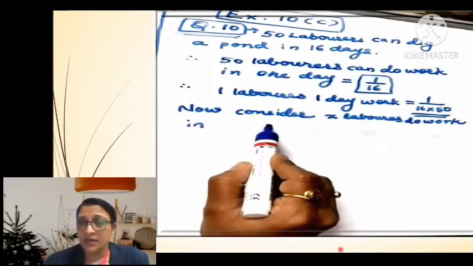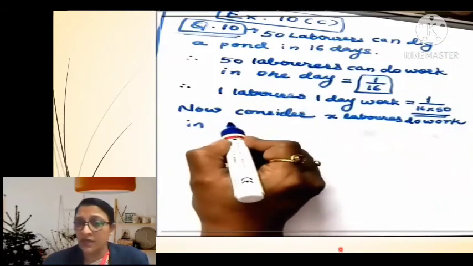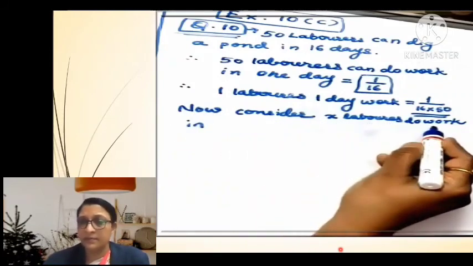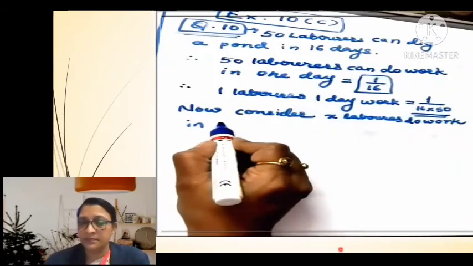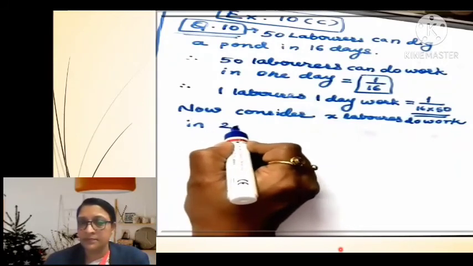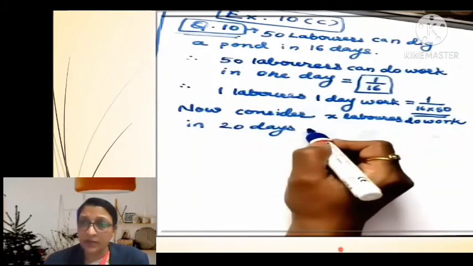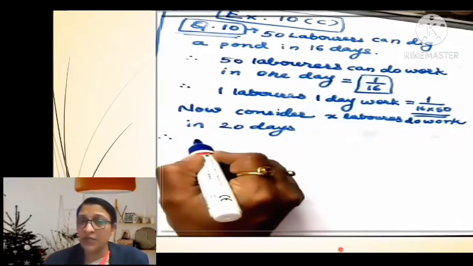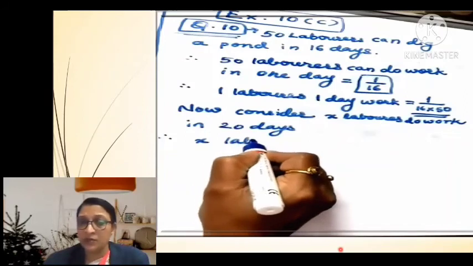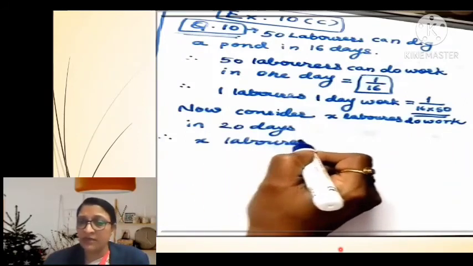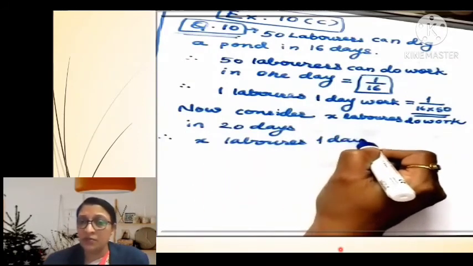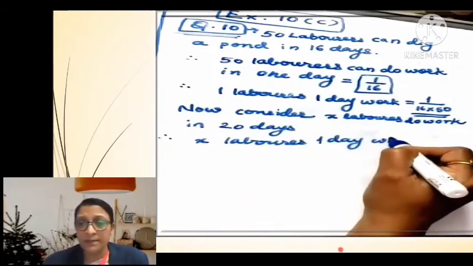We will consider here X laborers do the work in 20 days. X laborers we have considered who are doing the work in 20 days. So in the next step we can write down, X laborers will do the work in 1 day.